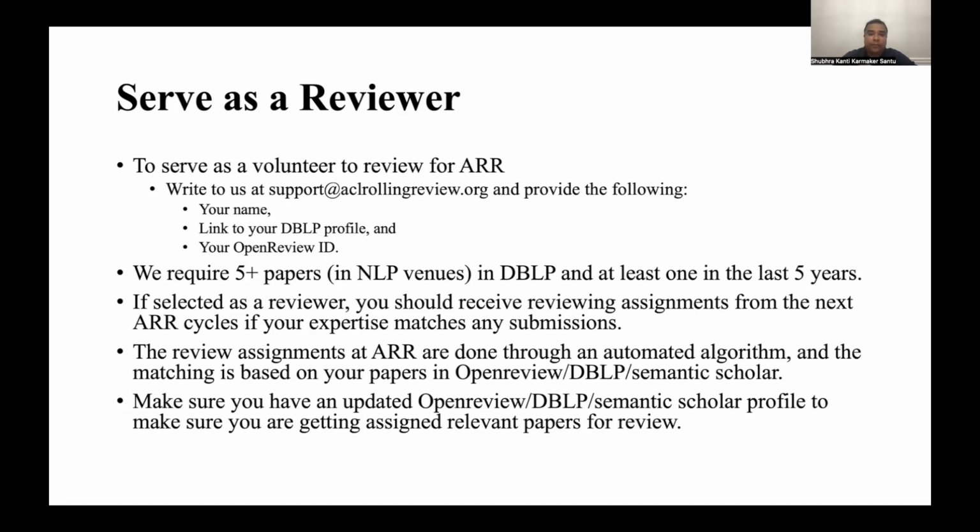Currently, we require 5+ papers in NLP-related venues from DBLP, and at least one of the papers should be in the last 5 years. If you are selected as a reviewer, you should receive reviewing assignments from the next ARR cycles if your expertise matches any submission.